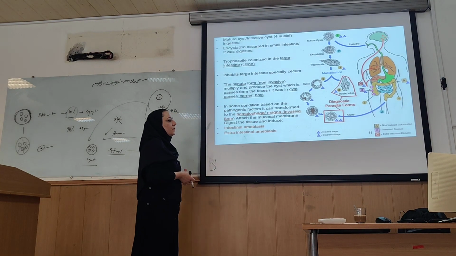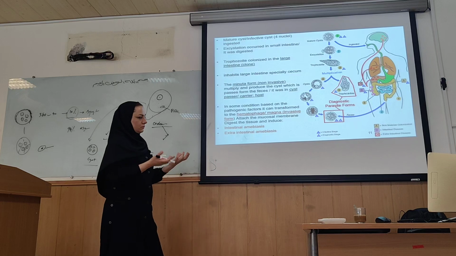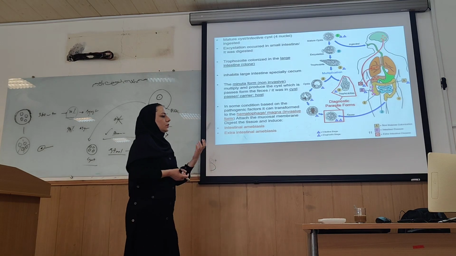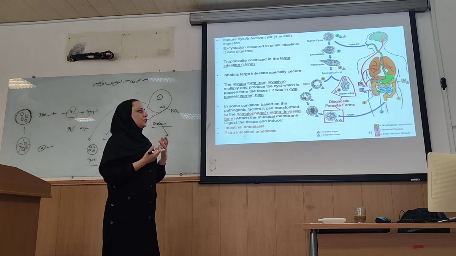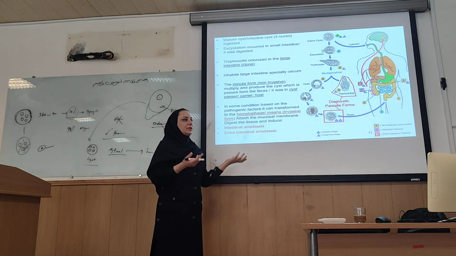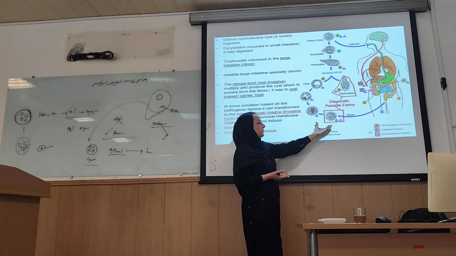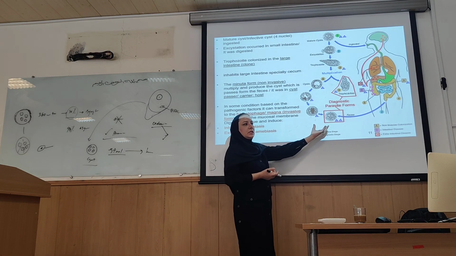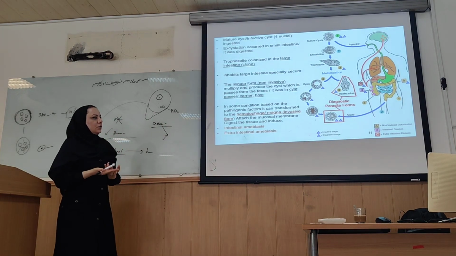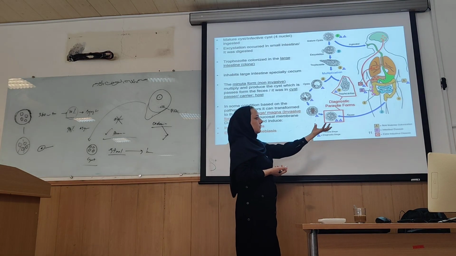If a person has the cyst form, we should recognize them, diagnose them, and treat them, because this is the source of the infection. Because we don't have any animal reservoir, the human is the reservoir and can spread this disease in the society. So we should recognize, diagnose, and treat them. This is the source of the infection.